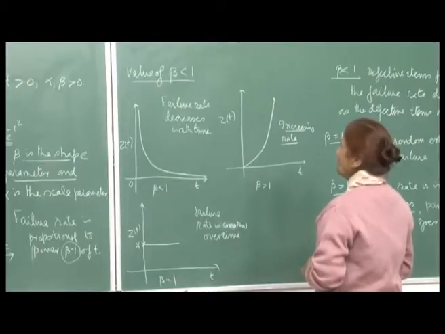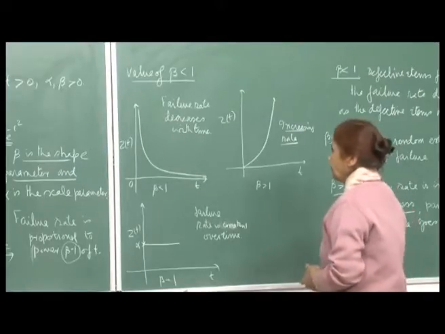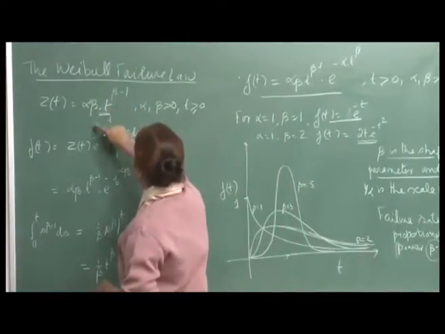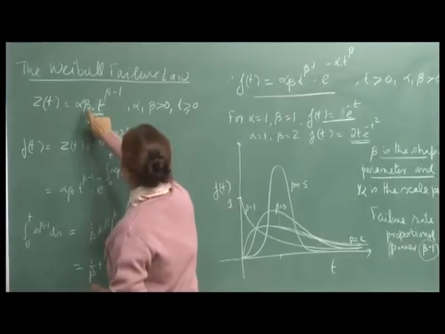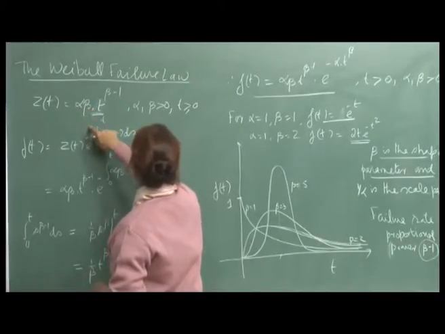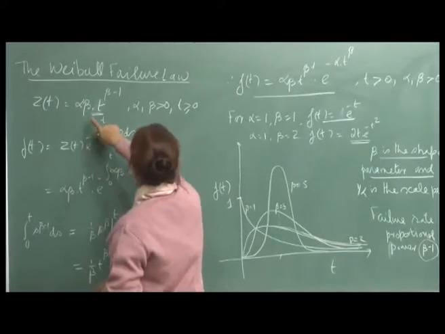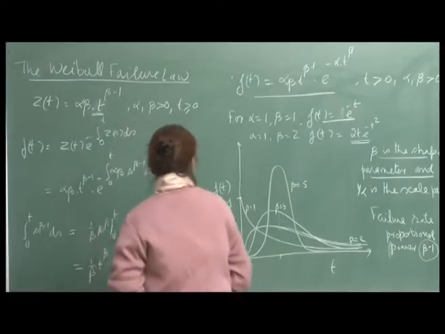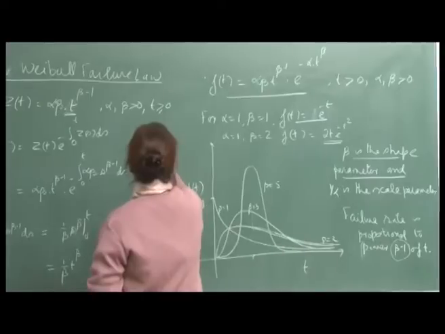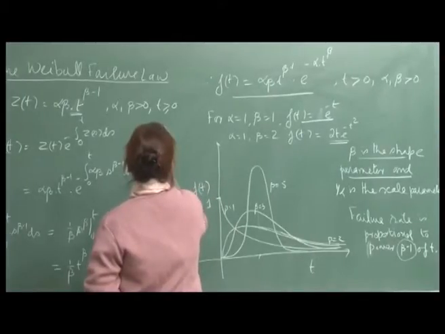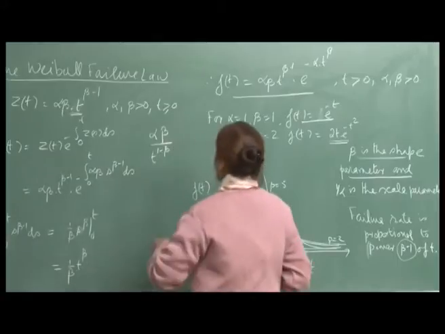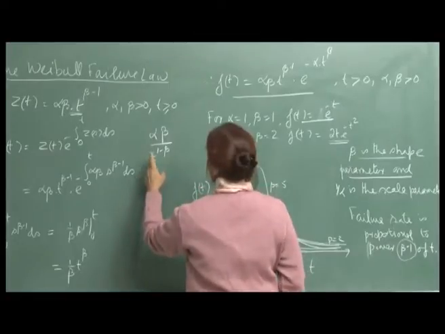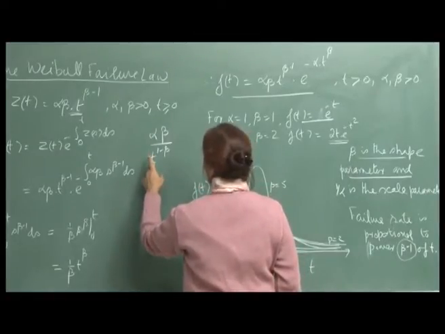Now, for example, if beta is less than 1, then this power will become negative. So, t will be in the denominator, and so it is alpha beta upon t raised to 1 minus beta. As t goes to 0, this goes to infinity, because the denominator goes to 0.